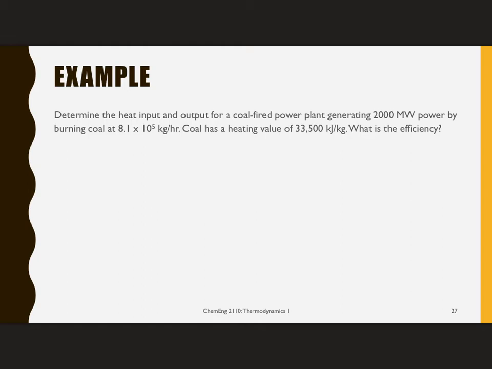So for a cycle, the first law tells us that the sum of all of the heat transfer is the negative of the sum of all of the power produced. In this case, the power is 2,000 megawatts, and that is negative because it's producing power.